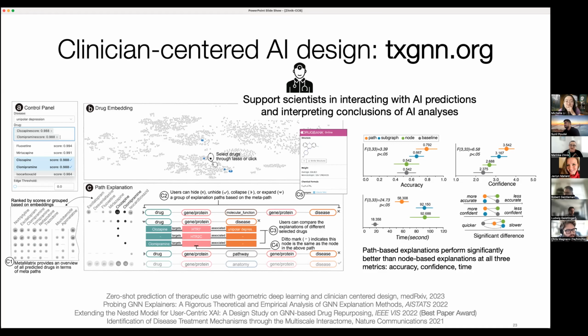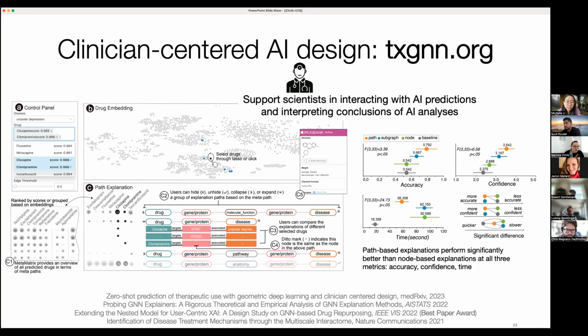So this is available online. You can go and check it out at txgnn.org. And the way it works is that the users can enter their disease of interest or the drug of interest, and they get predictions and ranked lists of predicted drugs for that disease produced by TXGNN.